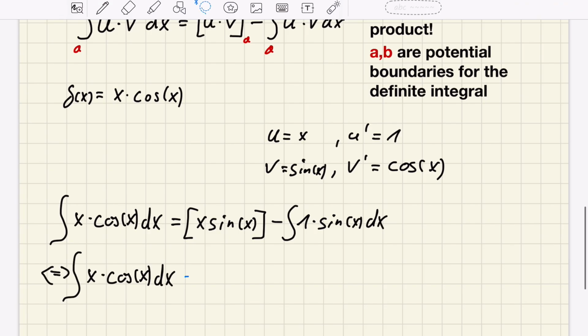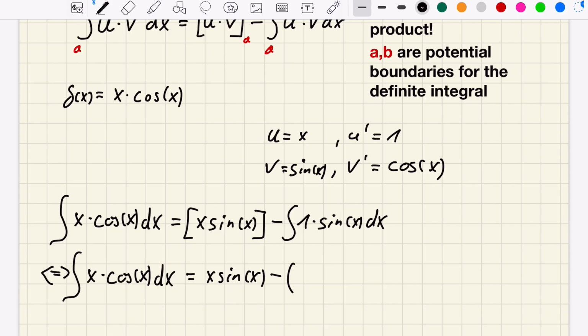Now we have x sine x minus. Now you need to find the integral of sine x. And this is minus cosine of x plus c, because we're looking for an indefinite integral.